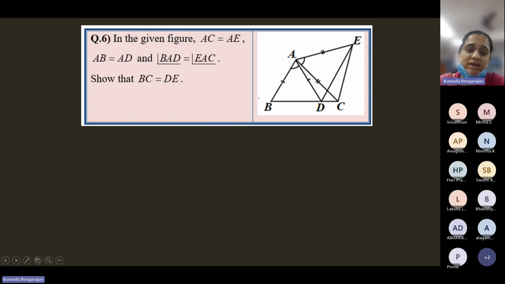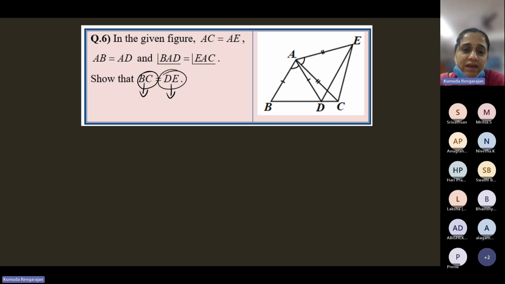So to show the two sides are equal, children, you will have to take up two triangles. One triangle which has BC as a side and another triangle that has DE as a side. Show that these two triangles are congruent to each other. So once they're congruent, CPCT, BC is equal to DE.